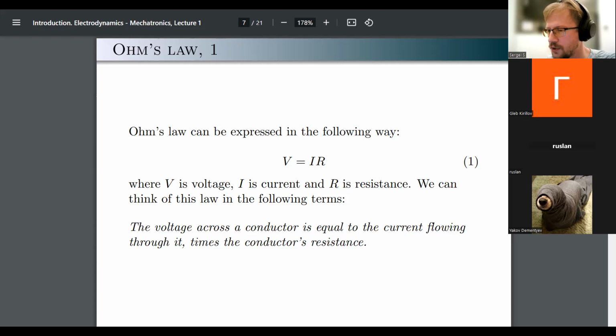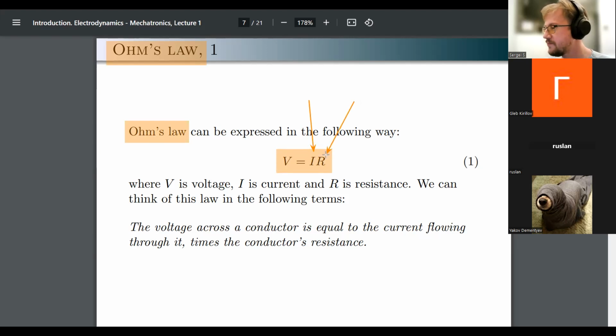One of the most basic aspects of electrodynamics is what we call Ohm's law. Basically it tells you that the voltage across a resistor, the differential in potential across a resistor, is equal to the product of the current that flows through the resistor and the resistance.